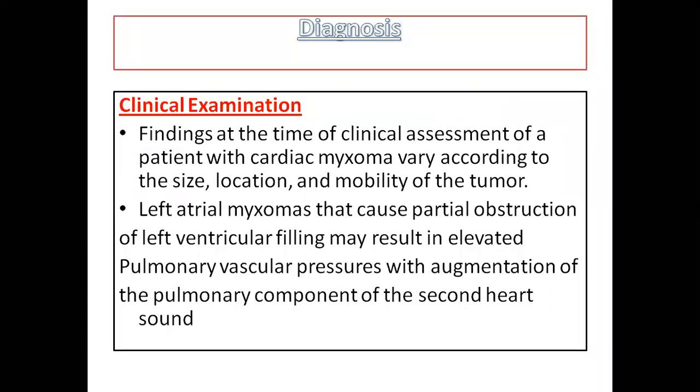Regarding the clinical exam, or the diagnostic approach for myxoma, the findings at the time of clinical assessment vary according to the size, location, and mobility of the tumor. A left atrial myxoma that causes partial obstruction of the left ventricle may result in elevated pulmonary vascular pressure with augmentation of the pulmonary component of the second heart sound.